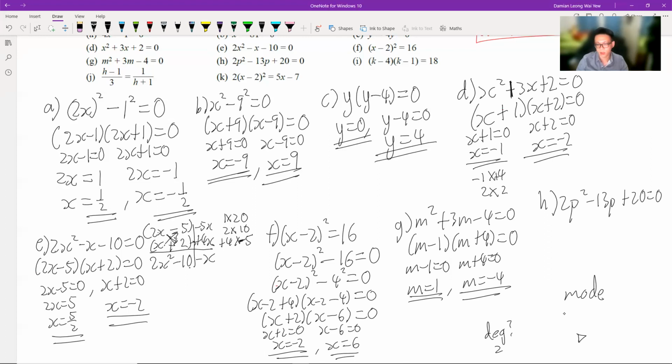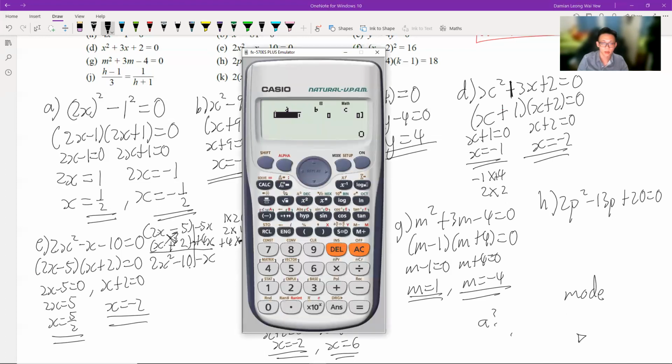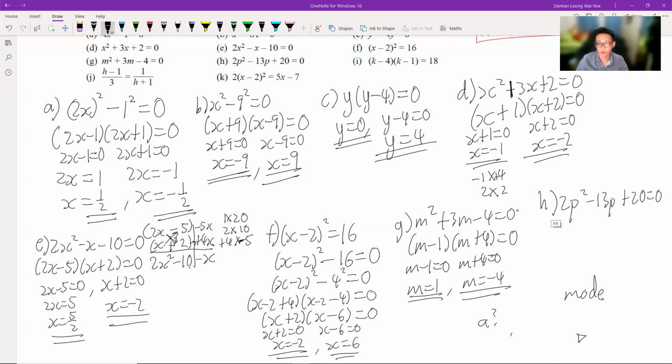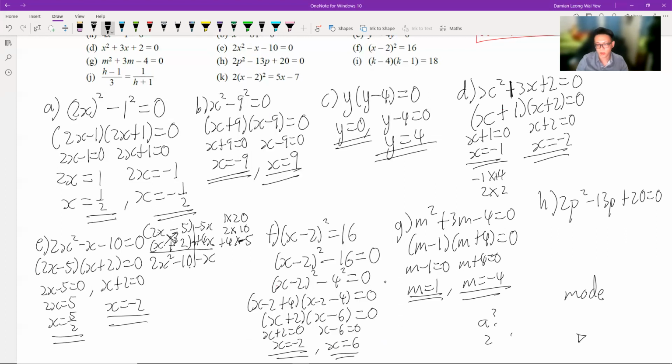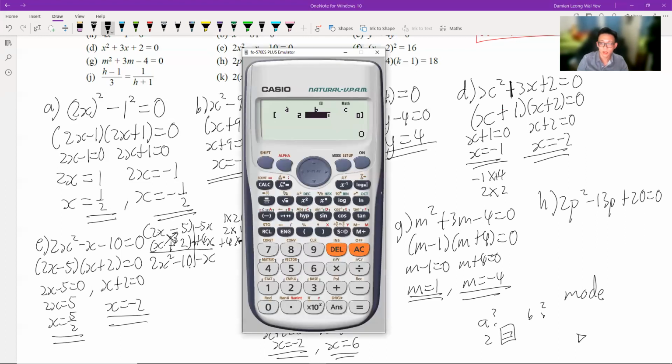Select 2. Then they'll ask for A. So key in your A. A here is 2. Just key in 2 and press equals. Then they'll ask for B. Key in minus 13 equals.